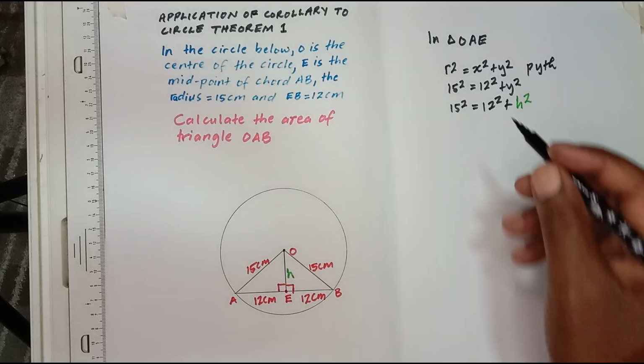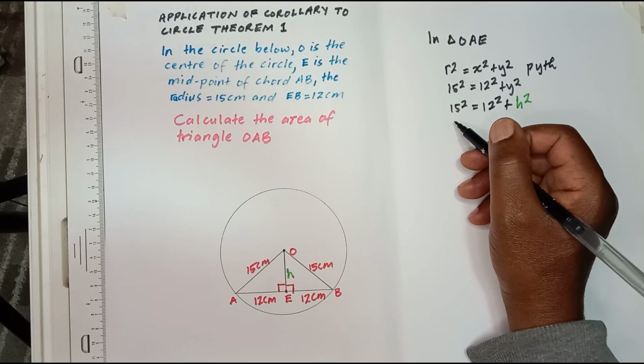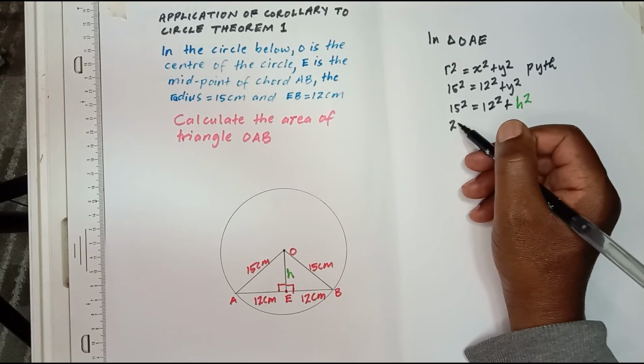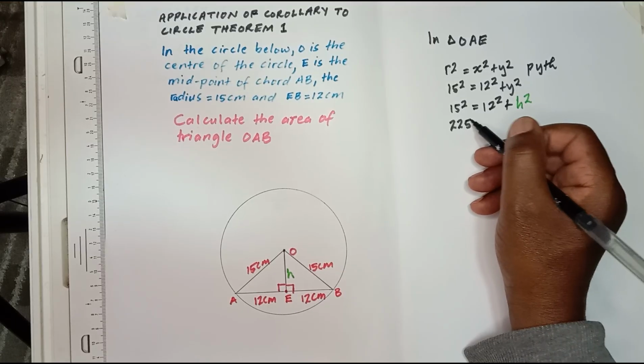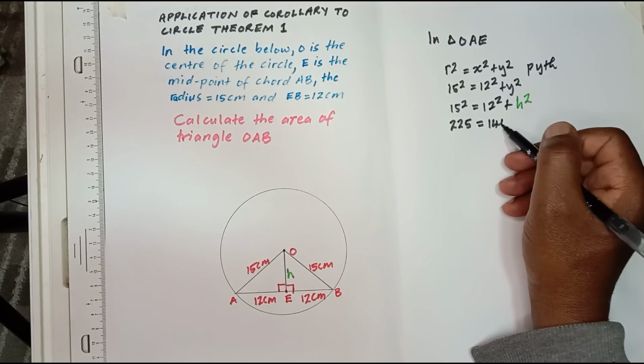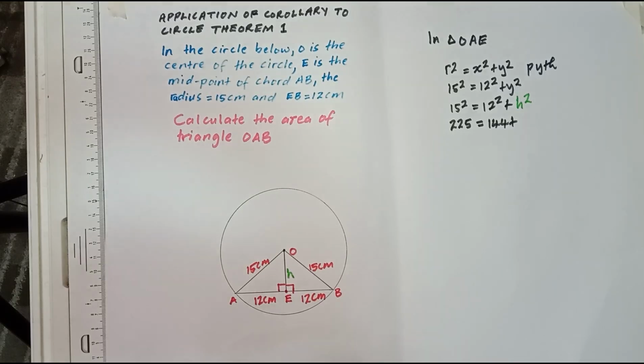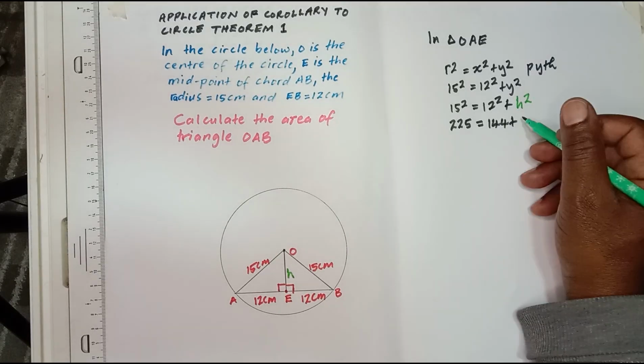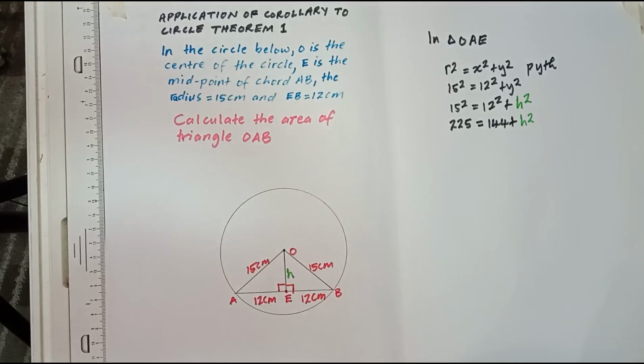Now, 15 squared is 225. So 225 equals 12 squared, which is 144, plus our h squared. Now, we transpose 144.